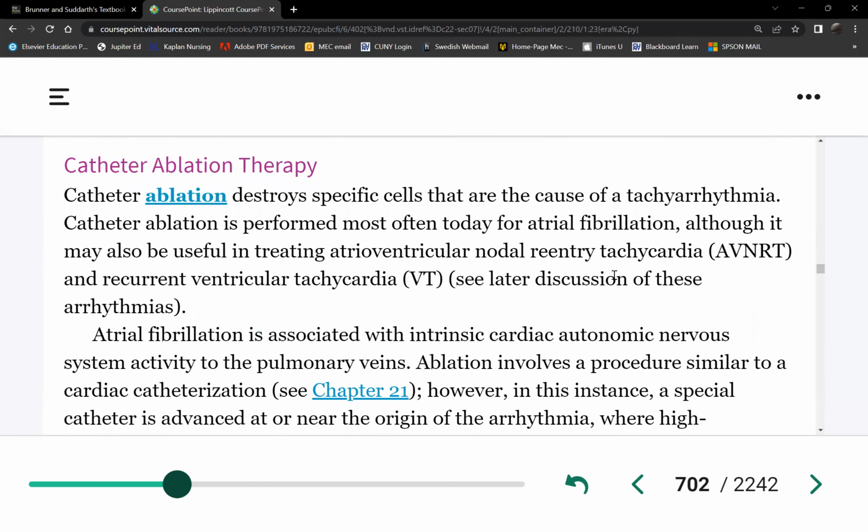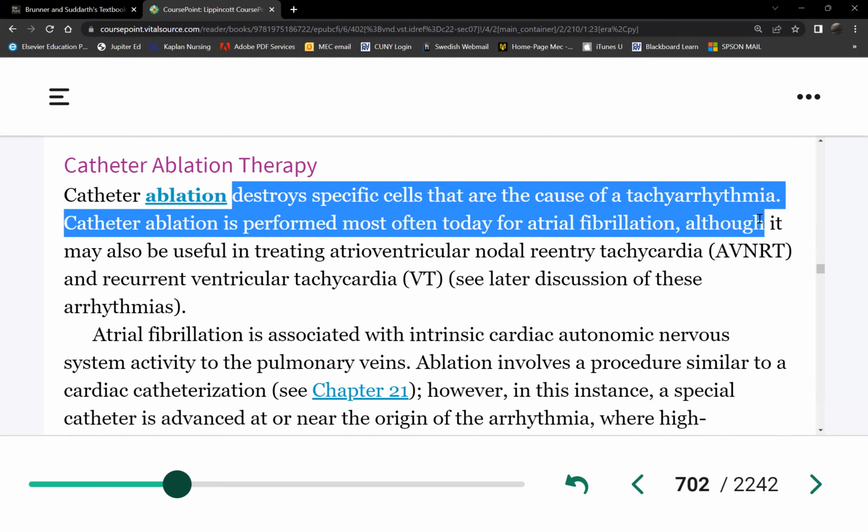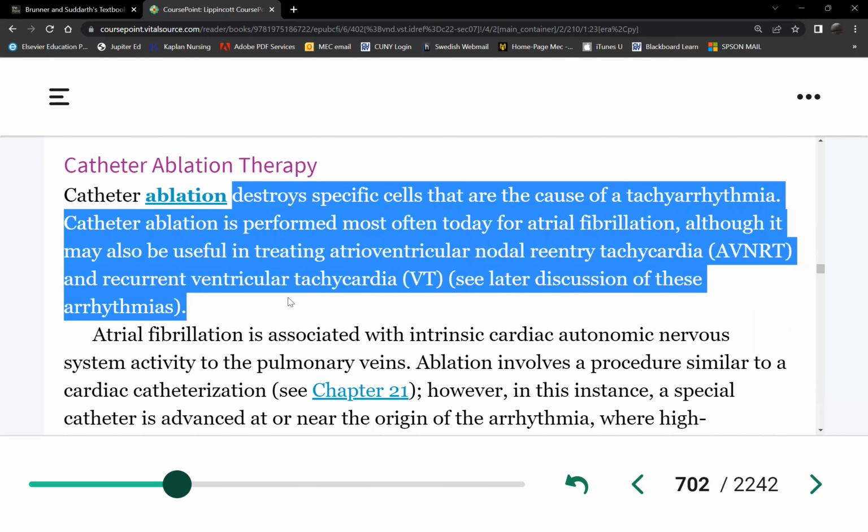Okay, so let's discuss ablation therapy. As described here, ablation is done in the cath lab. Before they can do this, though, we have to put the patient under EPS. So we have to do an EPS. What is EPS?